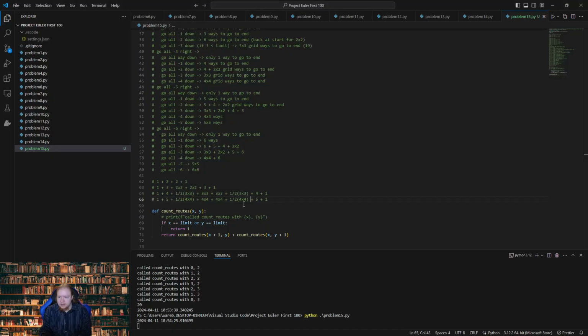And I think what it is going to end up being is 1/2 3x3. Let's check ourselves. So this would be going all the way to the right, going on all but one way, all the way but one to the right, all the way but 2 to the right, only 1 to the right.